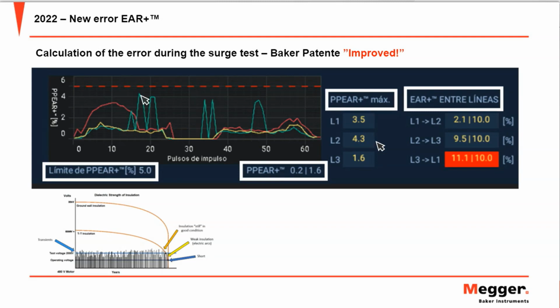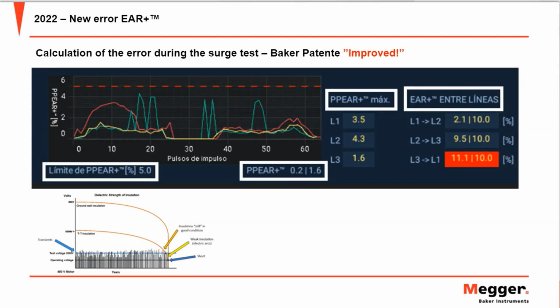And then line 3, 1.6, it is here, the yellow color. So in this way, you have the pulse-to-pulse error and also the line-to-line error. This information is shown now in our new testers, ADX, in real time.